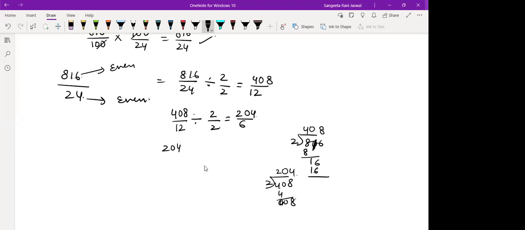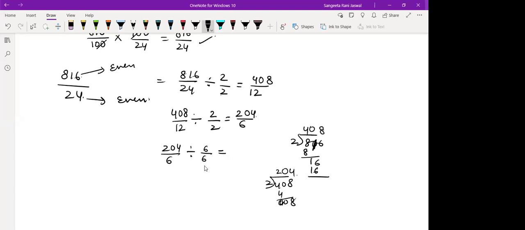Then 204 by 6, again I can see that it can be divided. Let's divide with 6. Both are even, so it can be divided by 2, and it can be divided by 3 also. That means if it is divisible by 2 and 3 both, it's divisible by 6 also.